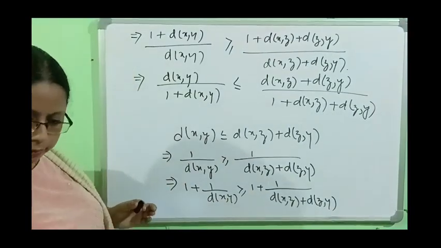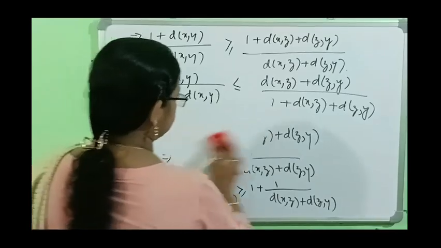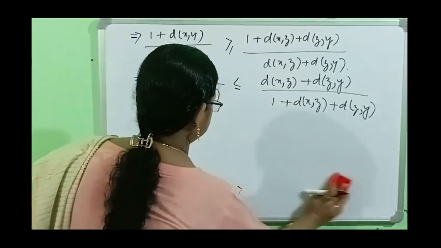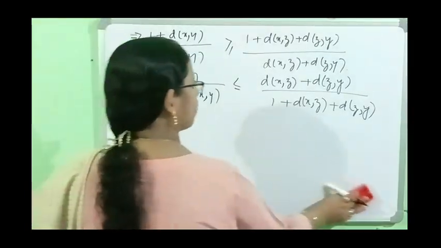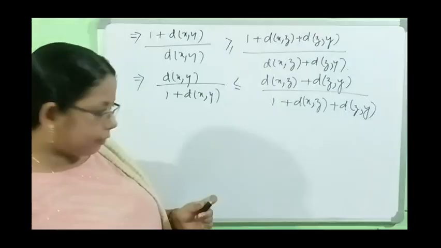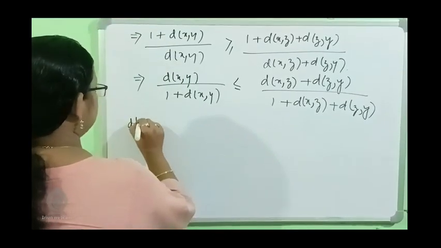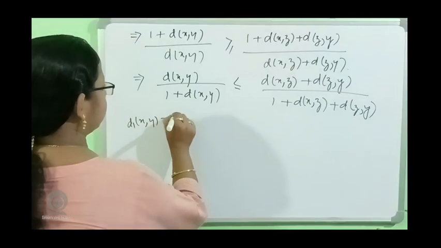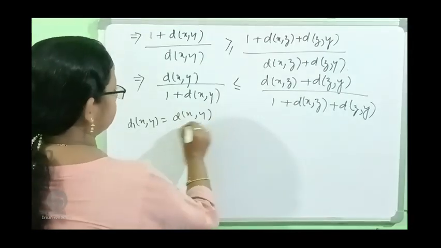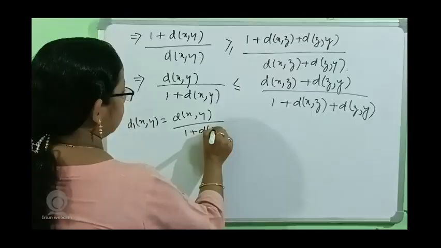Is it okay? On the right hand side, we know our metric is defined in this way: d1(x,y) is equal to d(x,y) by 1 plus d(x,y).